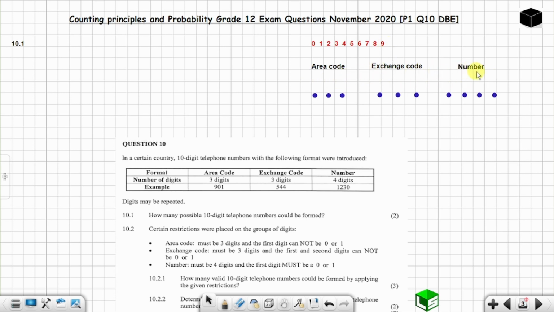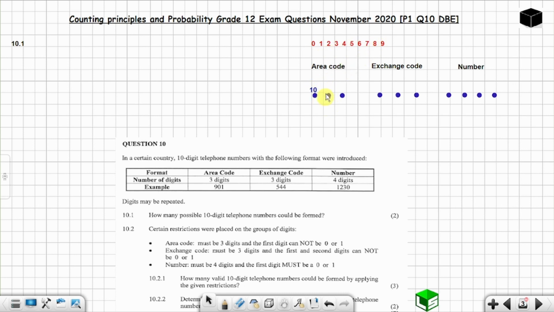Now let's start. With the area code, you have to get 3 digits. When forming the first digit, you have 10 options. You can choose 0 or 1 or 2 or any of the digits. So you have 10 options.